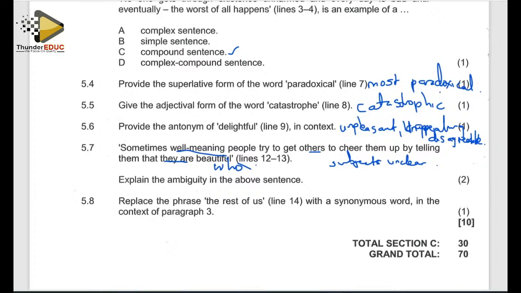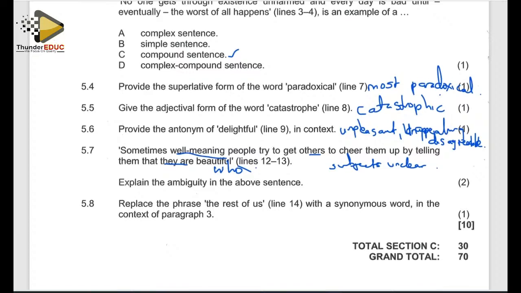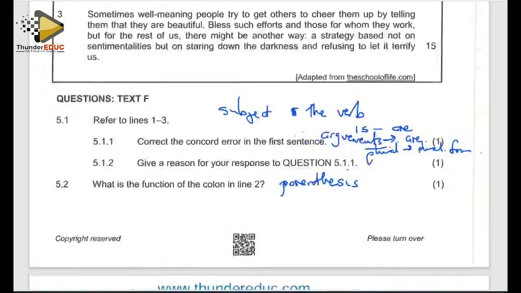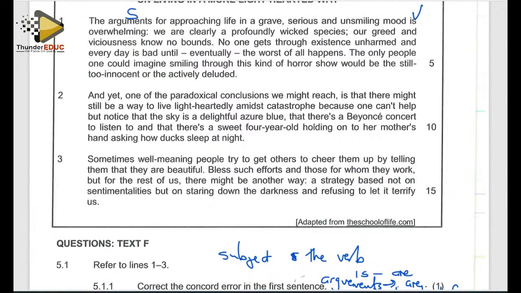Replace the phrase the rest of us with a synonymous word in the context of paragraph 3. Let's go to paragraph 3. Paragraph 3 says, sometimes well-meaning people try to get others to cheer them up by telling them that they are beautiful. Bless such efforts and those for whom they work, but for the rest of us, there might be another way.